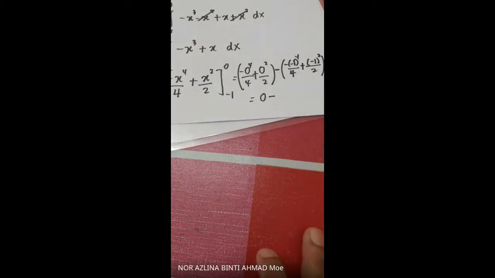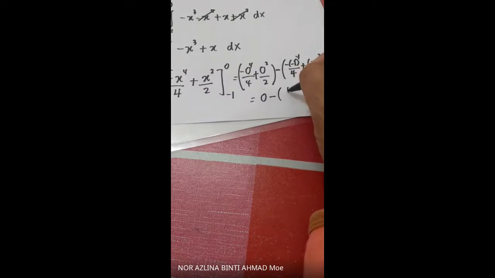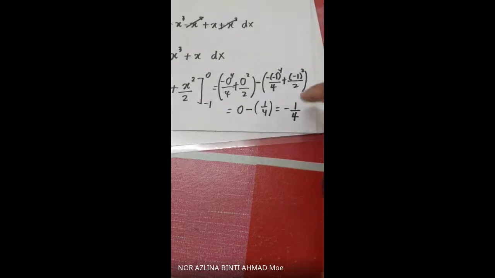Negative 1 over 4. This is 1 over 4. So the answer is negative 1 over 4. So for first region A, negative 1 over 4.